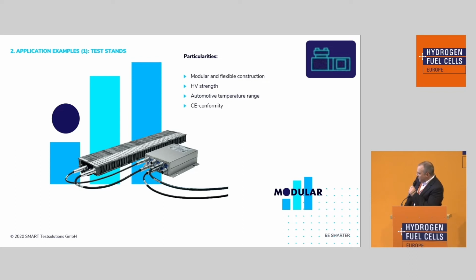It can be combined with a so-called master module to give more interfaces, higher data rates, and so on. This construction is modular and flexible. We fulfill the high voltage requirements for larger stacks up to 200 kilowatt. We fulfill the automotive temperature range, and the system is CE conformal, that we are allowed to sell it as a measurement component. So this is the basic technology for all subsequent connections and projects.